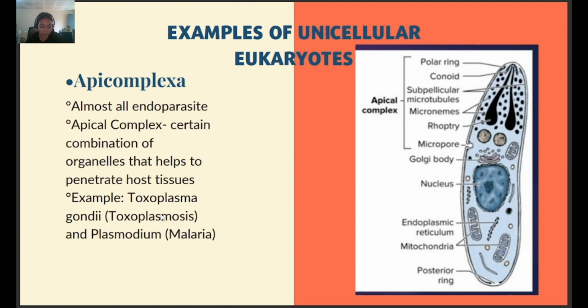If anyone has a baby or is pregnant, stay away from cats, because cats are the definitive host of this parasite. It can cause birth defects or even miscarriage. Another example is plasmodium, which causes the famous malaria.